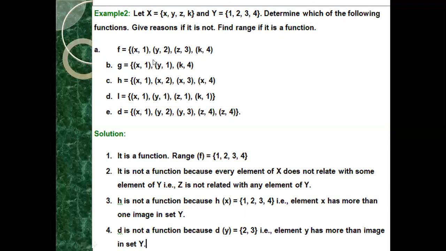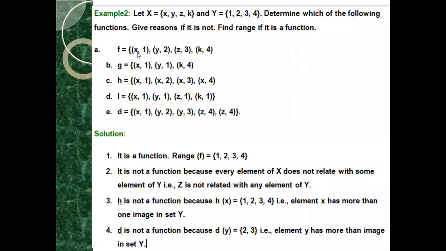Okay. So first one, the mapping f is equal to {(x, 1), (y, 2), (z, 3), (k, 4)}. So in this function, the domain has elements x, y, z, k. Codomain has elements 1, 2, 3, 4.